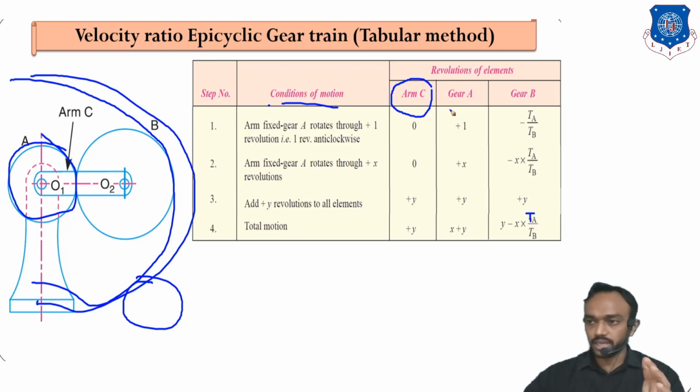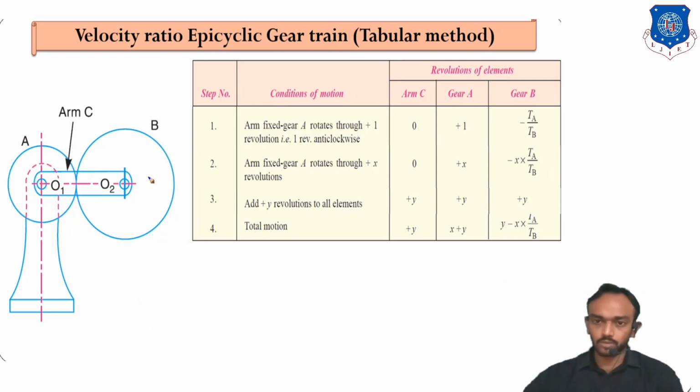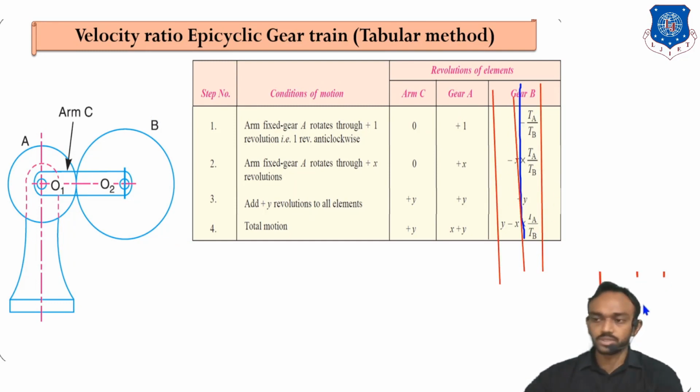Any one of them take as the main gear and write here, and one by one check that A is connected to B, B is connected to C, meaning how the motion is passed through, and make as many columns as there are gears.